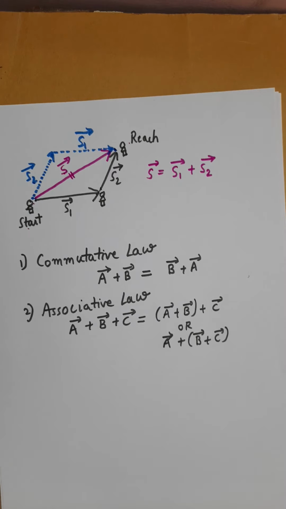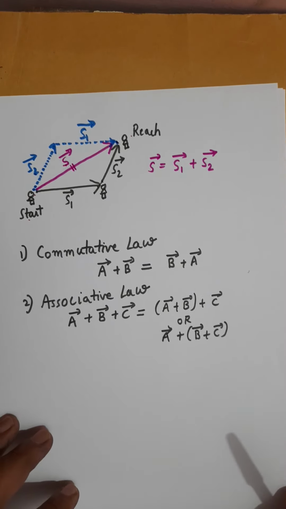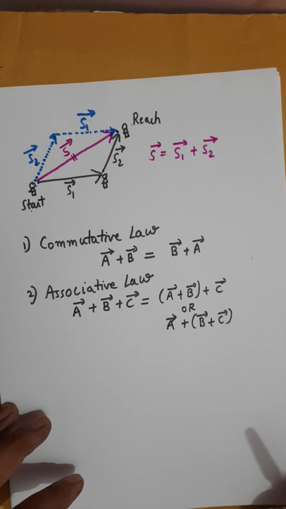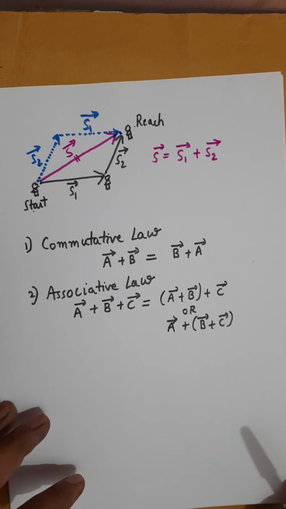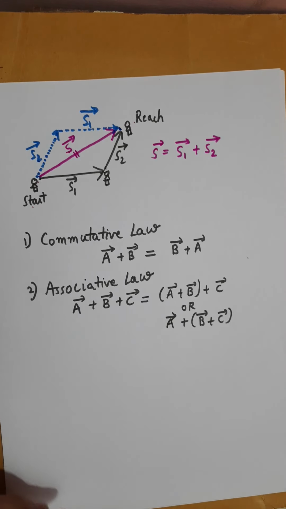Both are equal, and that is called the associative law. Similar laws you have studied in algebra in class 7th, class 8th, or maybe class 9th. Similar laws with numbers, and the same laws are now true with vectors also.